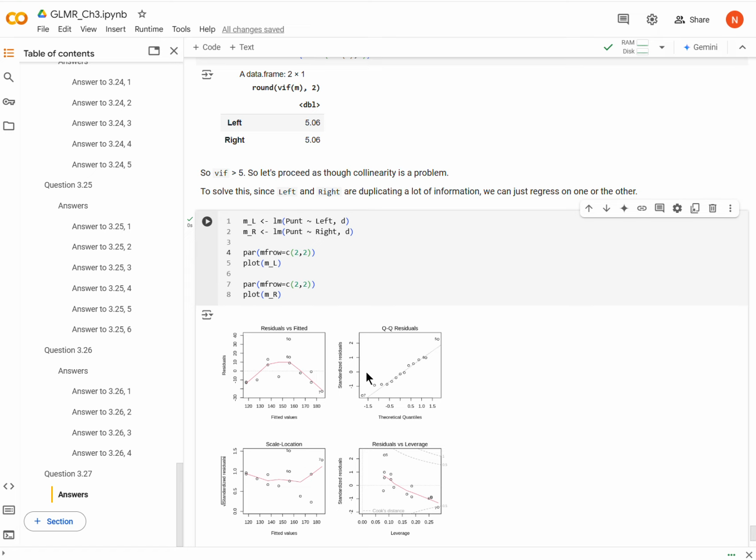We also see that in the extremes of the QQ plot, we're starting to fall off the QQ line. And in the residuals versus leverage plot, there's at least one reasonably large outlier. There could be a few things going on here. One is that observation 7 could be a mistake, and we'll see what it looks like if we omit it in a second.